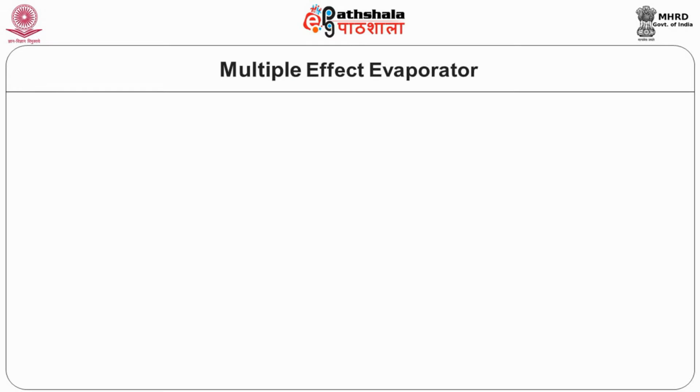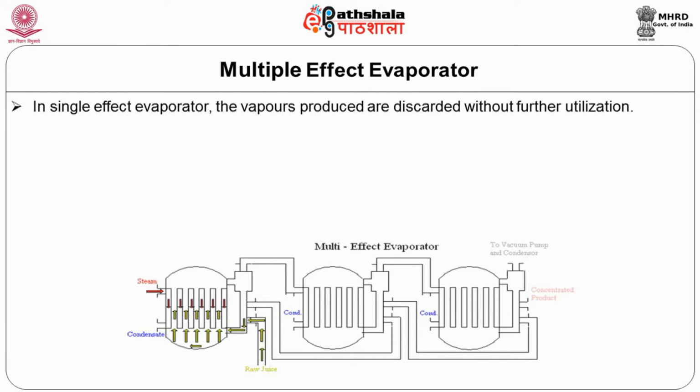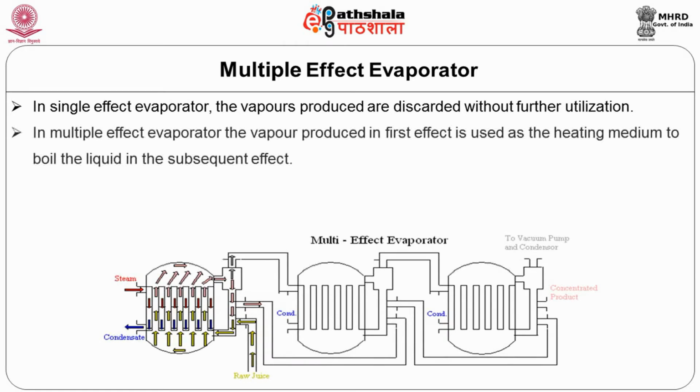Next, the important evaporator is the multiple effect evaporator. In a single effect evaporator, the vapors produced are discarded without any further utilization. In a multiple effect evaporator, the vapor produced in the first effect is used as the heating medium to boil the liquid in the subsequent effect.